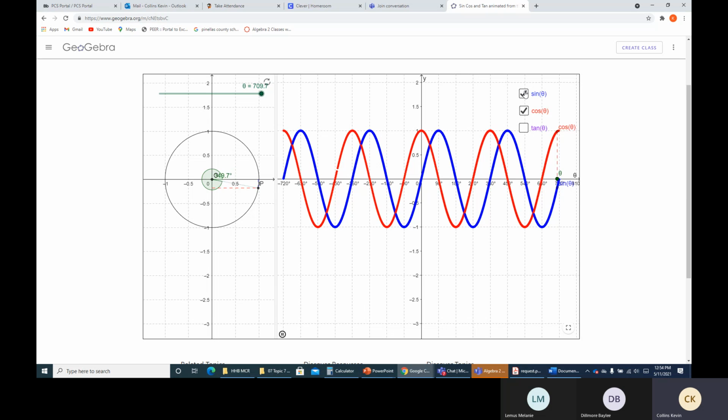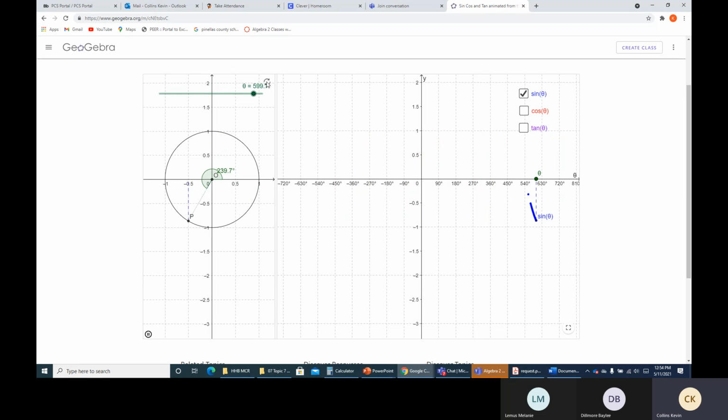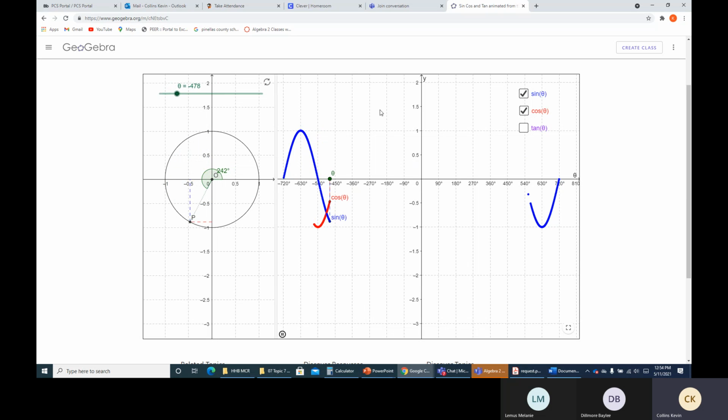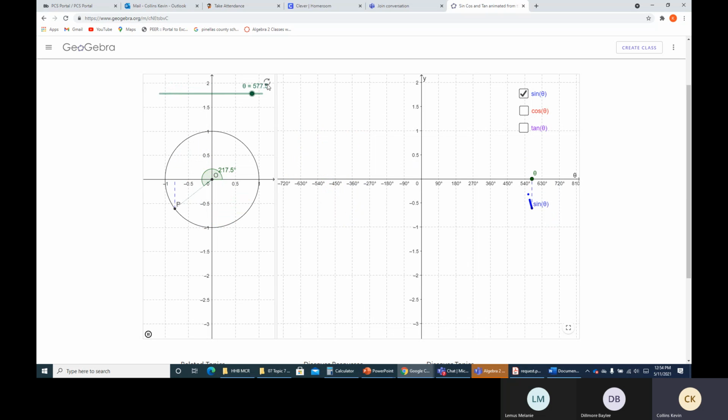So if it's a little confusing, let's get rid of the sine wave for right now. Well, I was trying to get rid of it, but it didn't go away. Interesting. All right, so that's what we got going on there. Still the sine wave again. Let's go to cosine and see if we can get started over. Yeah, it keeps going back to sine.